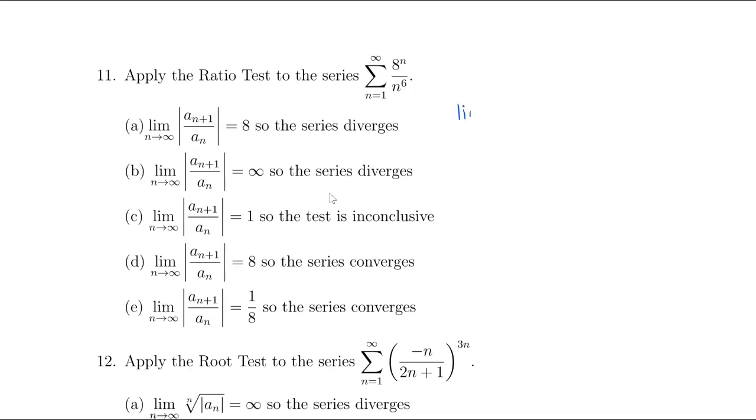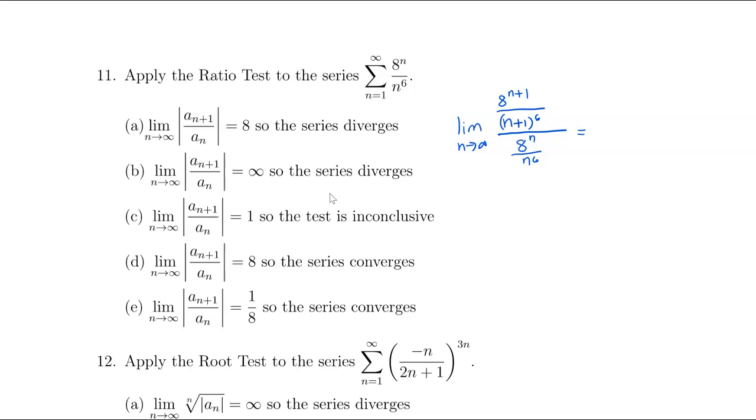So you have limit of a sub n plus 1. So you have 8 to the n plus 1 divided by (n plus 1) to the 6th, all over a sub n, 8 to the n over n to the 6th. So take the limit as n approaches infinity.